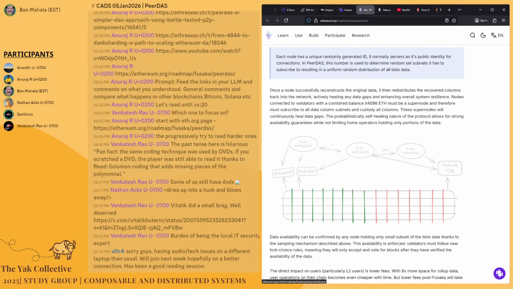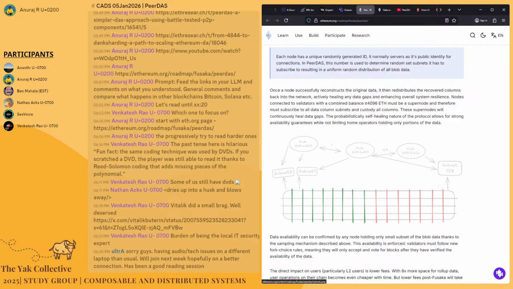Yeah, so I didn't read the mathematical parts, but I tried to read the historical context of why it was needed, and how it was implemented. What I understood was that initially all the rollups and L2s were storing the data in calldata, and this was increasing the gas prices. So they introduced something called blobs, but still all the nodes needed to download all the blobs.